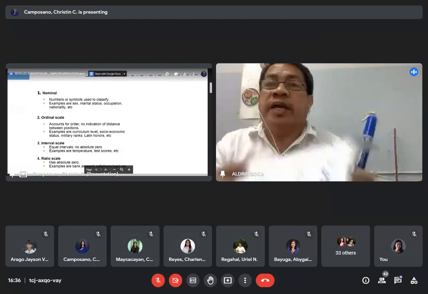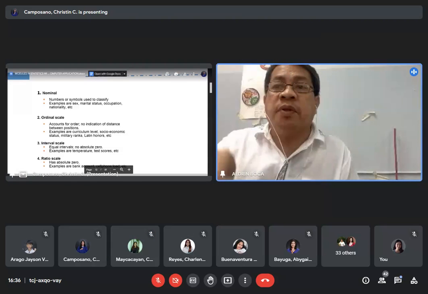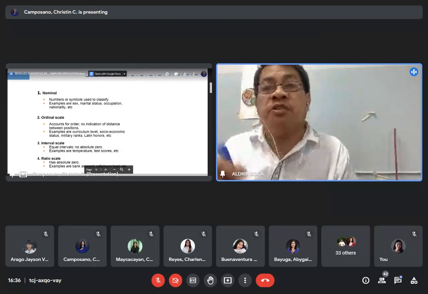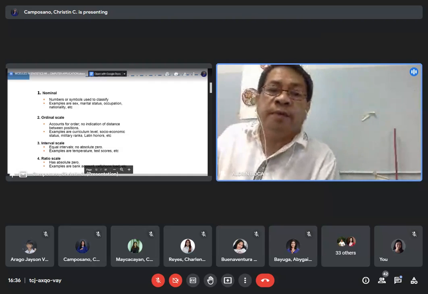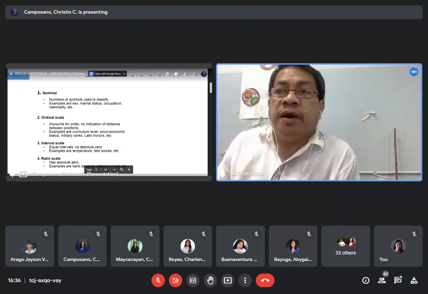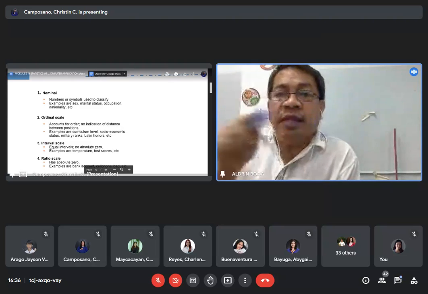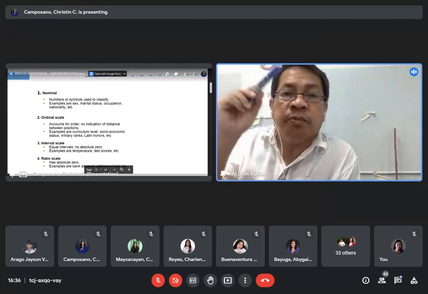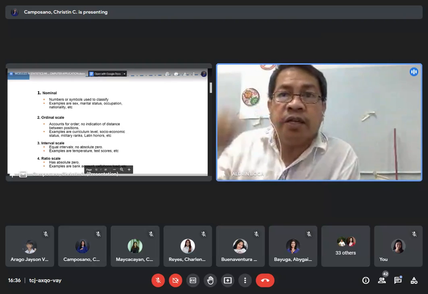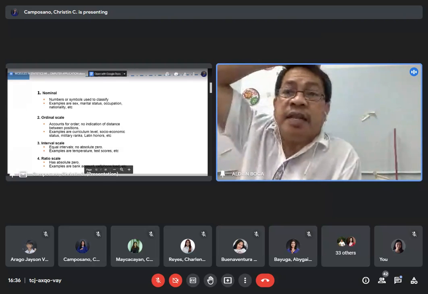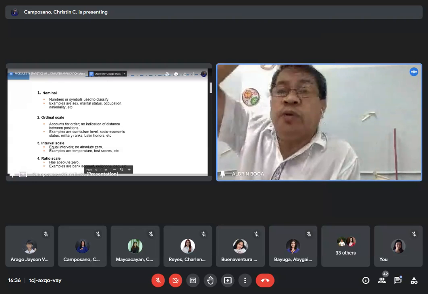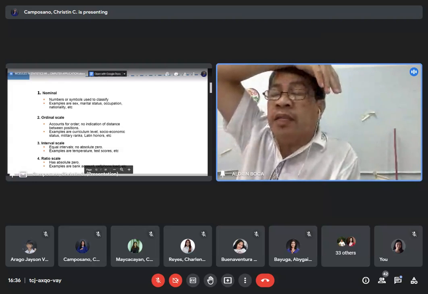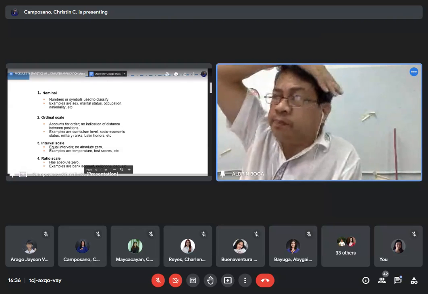Okay. Another example is socioeconomic status. Meron kang labeling din doon. So you have the upper class, the middle class, and the lower class. Alam mo, ang first in rank yung upper, sumunod middle, sumunod lower. You understand? And then military ranks is also an example of data measured on an ordinal scale of measurement.